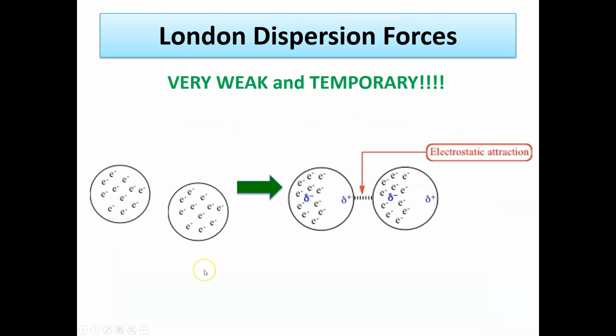So a London dispersion force is very, very weak and very, very temporary. Everything has London forces. A London force is going to result when we have anything with electrons interacting with something else that has electrons. What ends up happening is normally your electrons are spread out.